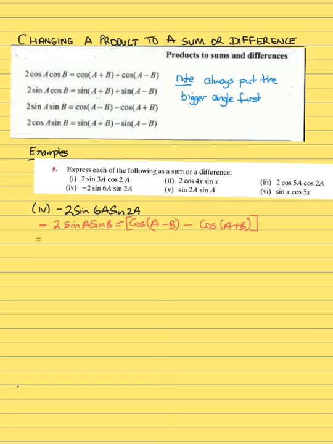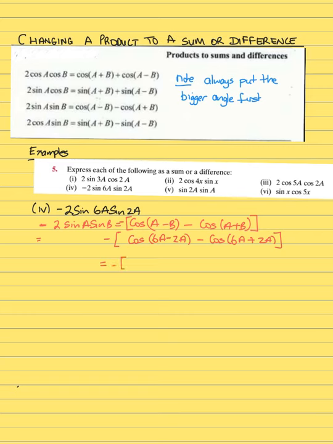So we get minus cos of A, which is 6a, minus B, the second angle, minus 2a, minus the cosine of 6a plus 2a. And now we just tidy that up.